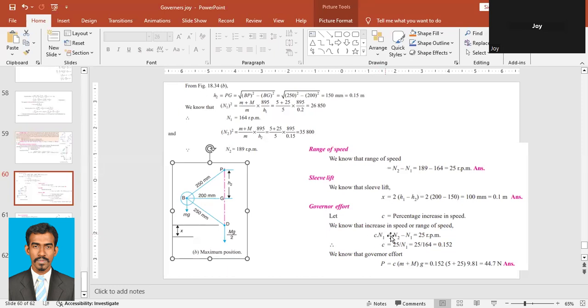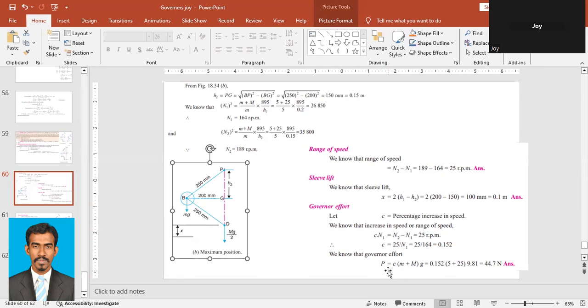So C into N1 is equal to N2 minus N1, which is equal to 25 RPM. We don't know C, but we know N1, which is 164 RPM. So C into 164 equals 25, which means C is 25 upon 164, which gives you 0.152. So now we have found C.